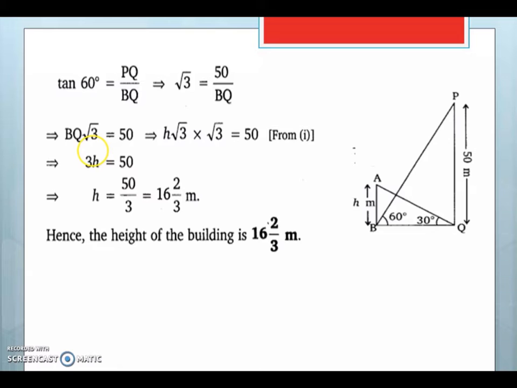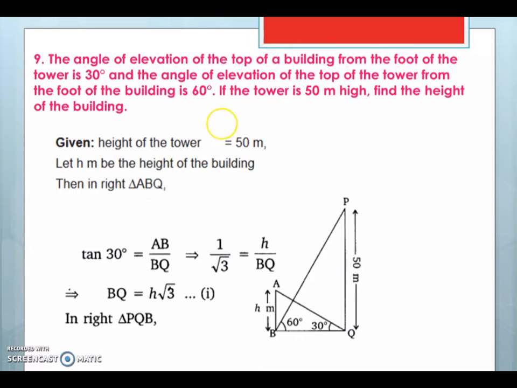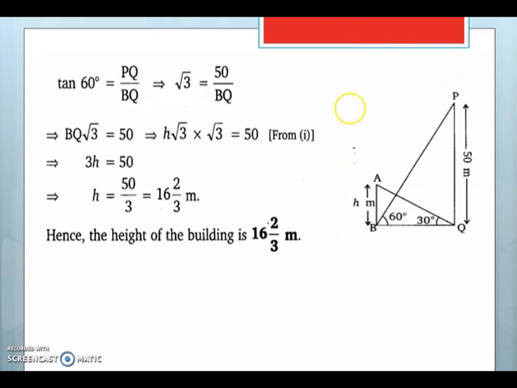Using all of this, when you evaluate this, you will get H is equal to 50 by 3, which is 16 and 2 by 3 meters. So that is the height of the building.